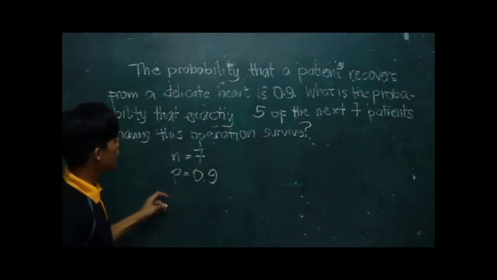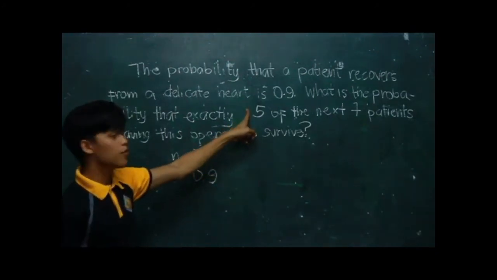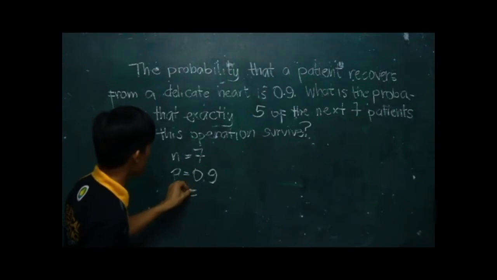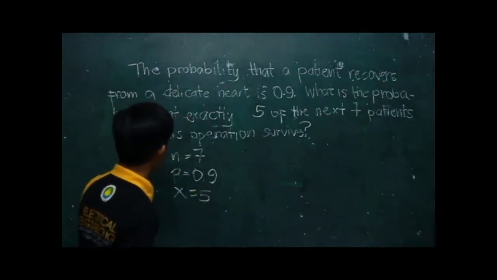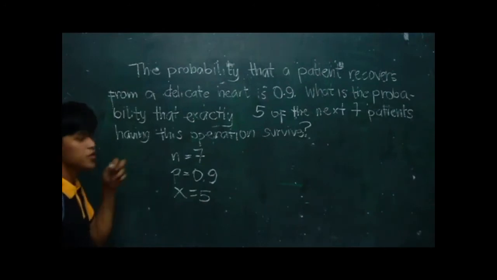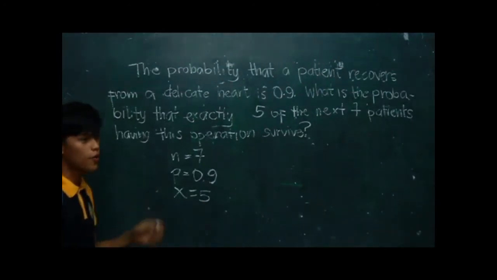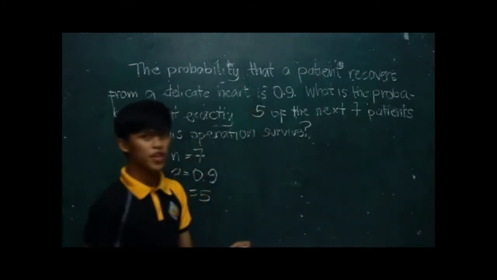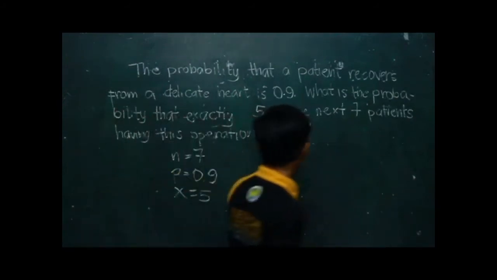Then we also have here the 5. 5 here will be the random variable. So we have the n, we also have the p, we also have the x. So we can now solve for our probability using the formula.